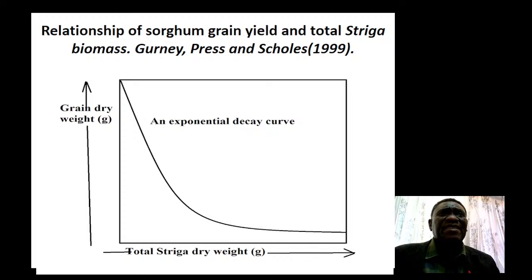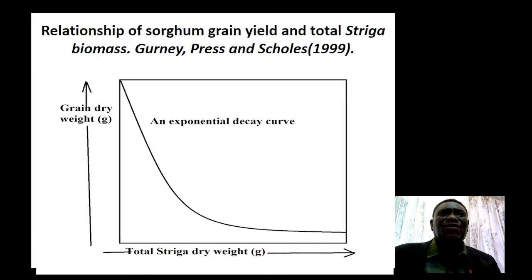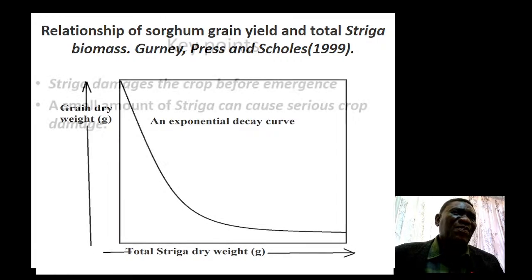What it means is that you only need a few plants of Striga to cause big yield reduction. So if you see a few plants of Striga in a field, you should take action. Otherwise, you can have serious problems.